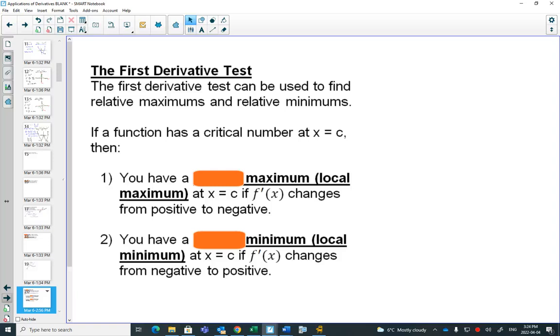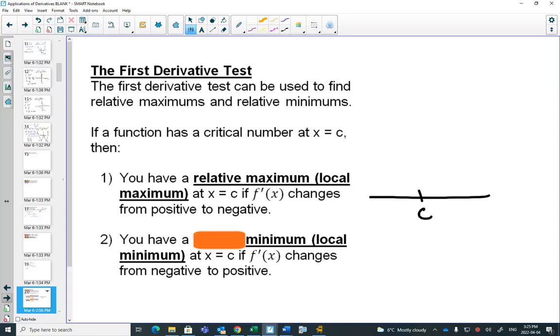Another finds a maximum or minimum using the second derivative. So the first derivative test says that you will have a relative maximum or a local maximum at the critical point if the derivative changes from positive to negative.